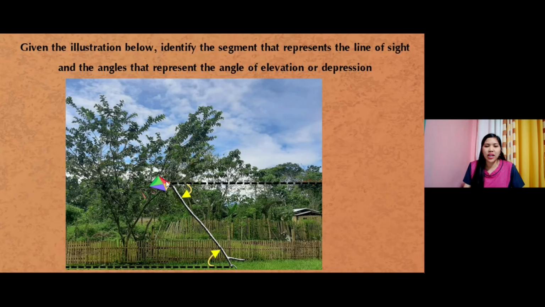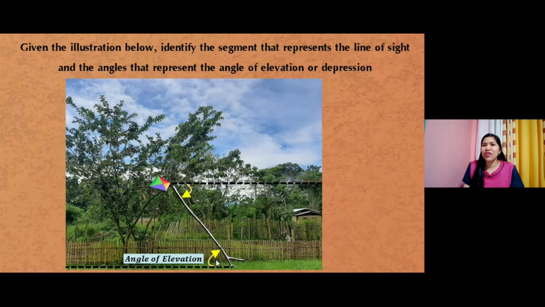The first one is the upper, the second one is on the ground. Now let's identify what is our angle of elevation. All right, this one or the upper angle? That would be this angle. So this is our angle of elevation.